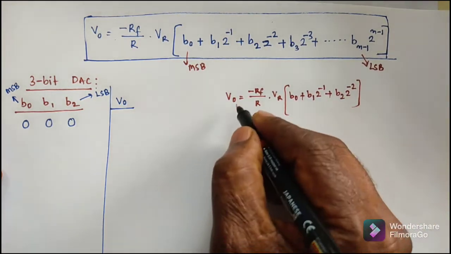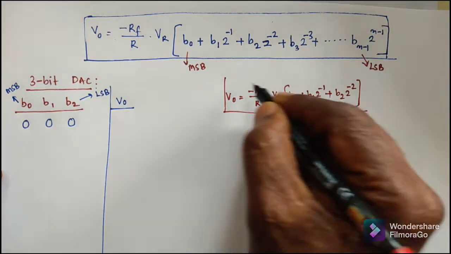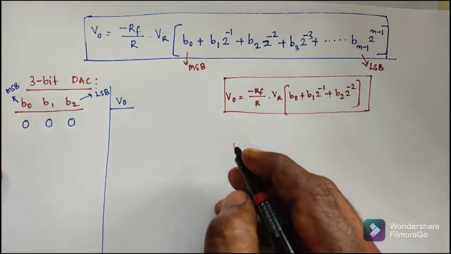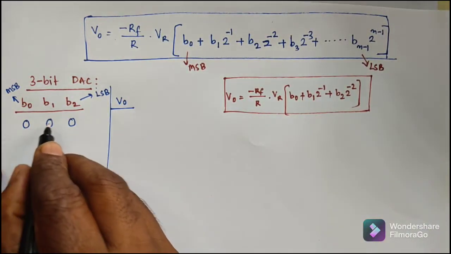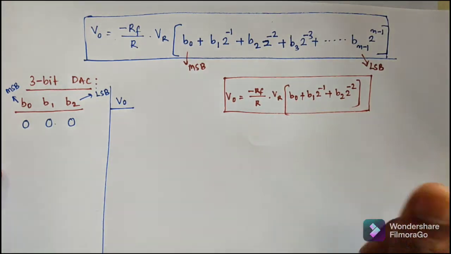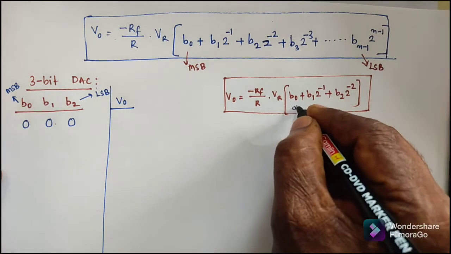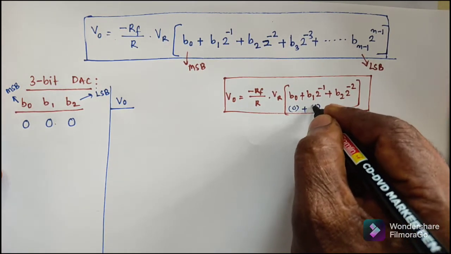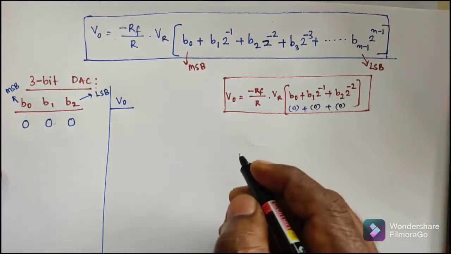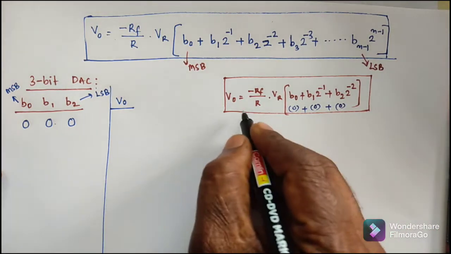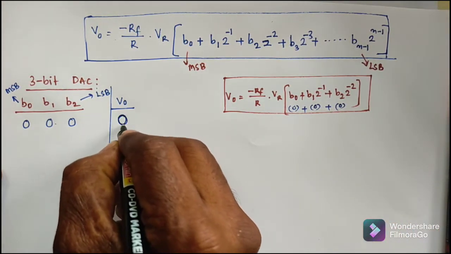This is the final equation for 3-bit. For 0, 0, 0, all these values are 0 plus 0 into anything is 0, 0 into anything is 0. Finally, we will get V0 is equal to 0.